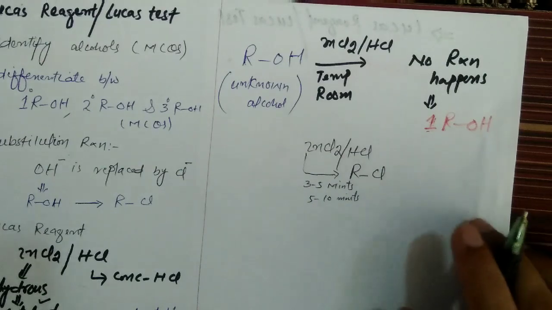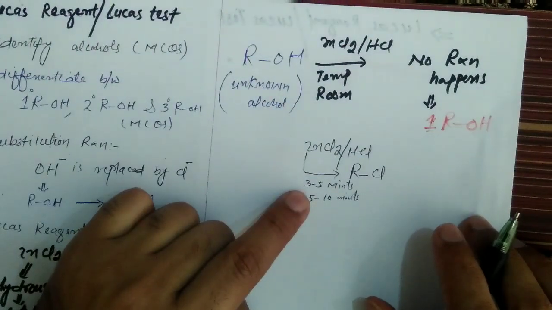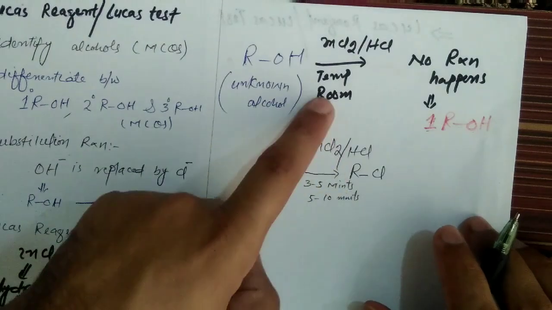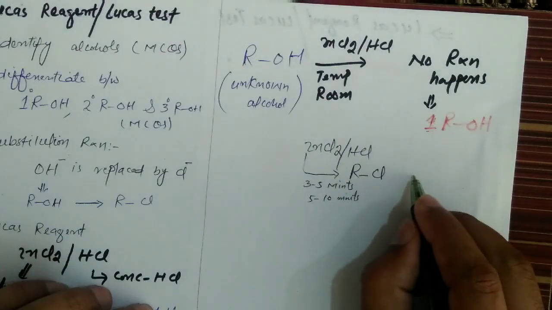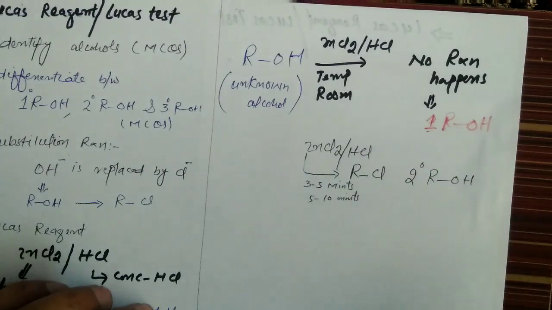If the reaction of that unknown alcohol with the Lucas reagent happens in 3 to 5 minutes at room temperature, it indicates that the alcohol we have is a secondary alcohol. Very simple.